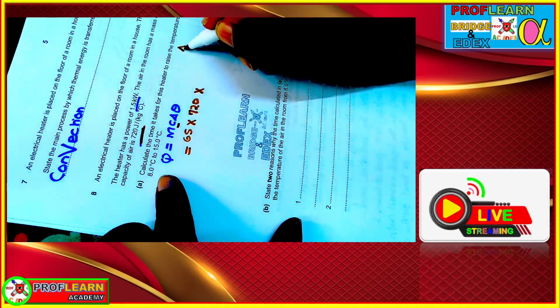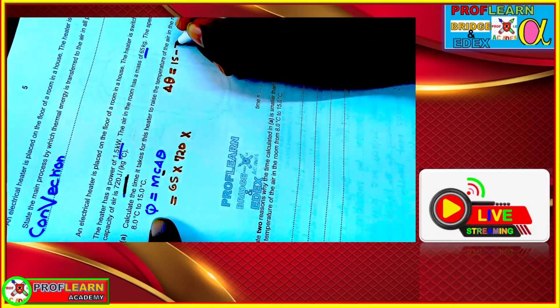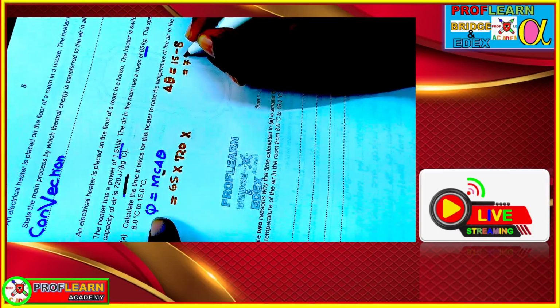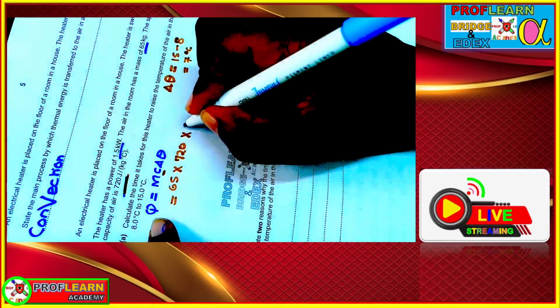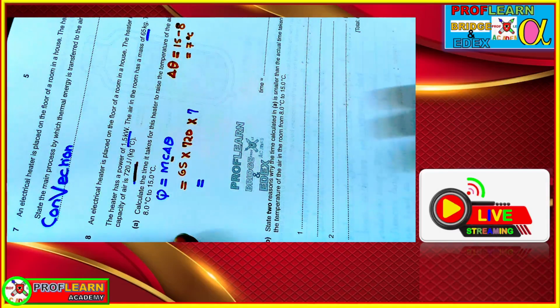The temperature change is going to be 15 minus 8, which is 7 degrees Celsius. So for us to get this, we have to do the calculations, and we have to get a calculator.